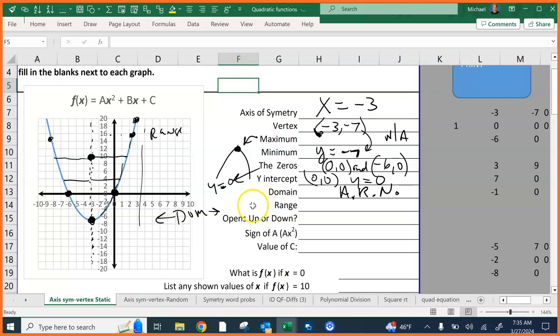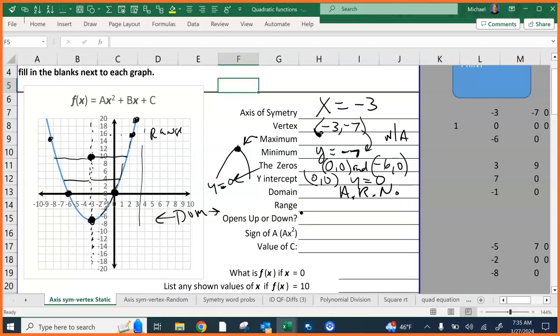But now the range is a little bit different. The range, if you start from the beginning, is a vertex. From the beginning, it goes up. The graph goes up from the beginning, and it's going to go forever. But it doesn't go down forever, does it? It's got a minimum. So basically what it means is you need to identify where that minimum is if it's opening up.